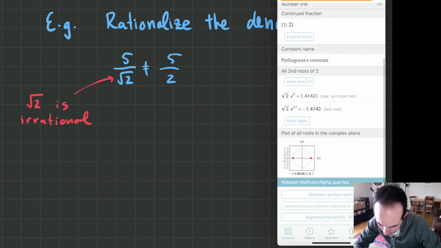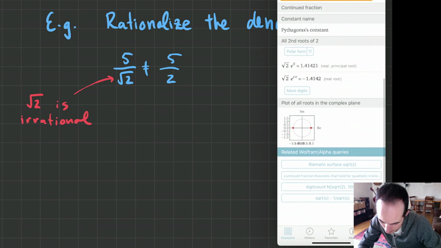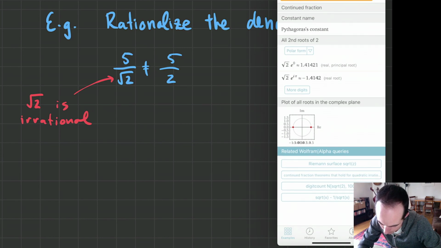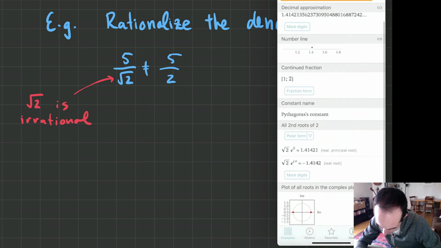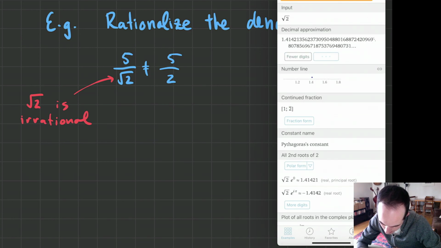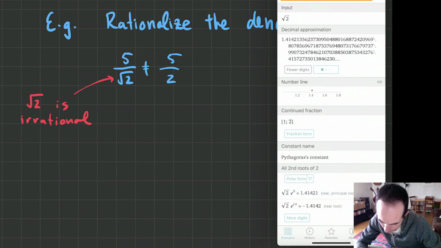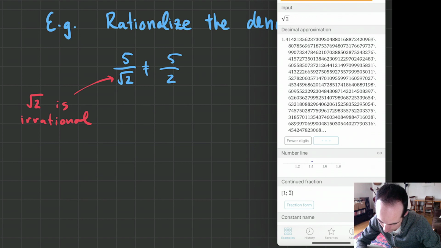Oh, and look, it even has a constant. It's called Pythagoras' constant. So there's the real principal root. I guess it doesn't tell us here that it is irrational, but I think you can see, look at all these digits. There's no pattern here. It keeps going and going, right?